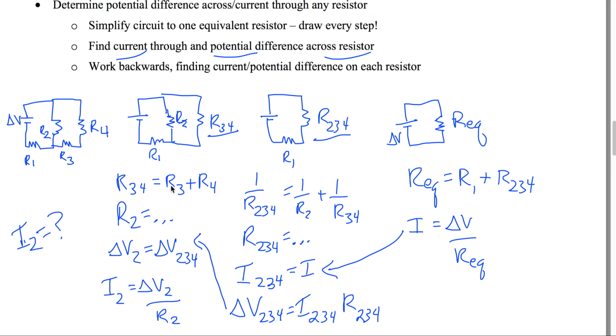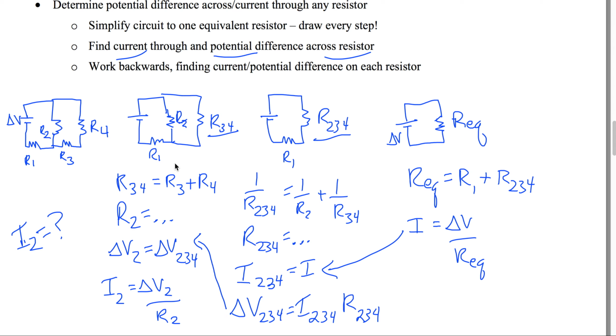Now, I could ask for the current or voltage across any of them. If I happen to ask something about number 3 or 4, then you'd have to go back another step. Let's say I asked for the current through R4. Back on here, we have the resistance, and we also have the voltage across 34, which is still the 234, right? Both of these have the same voltage.